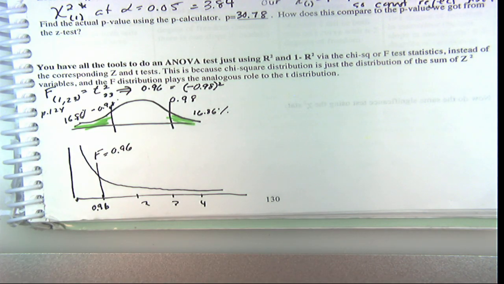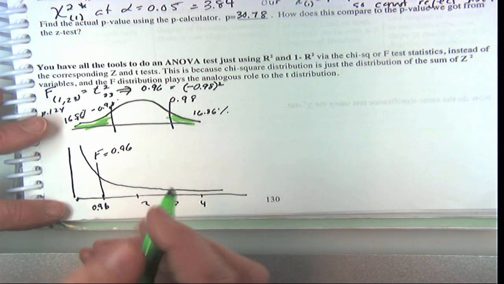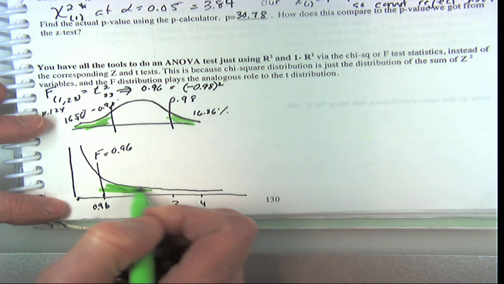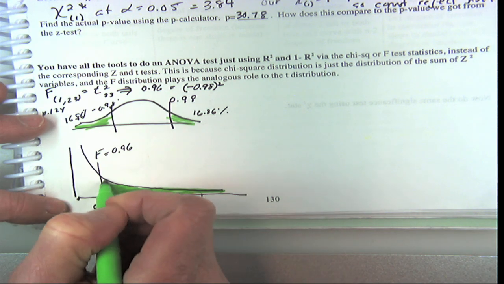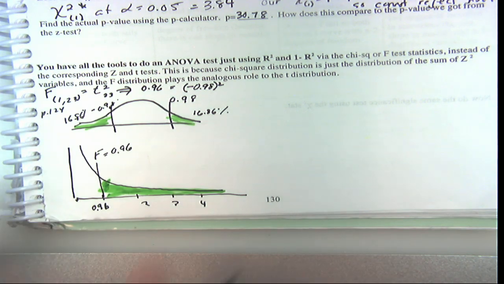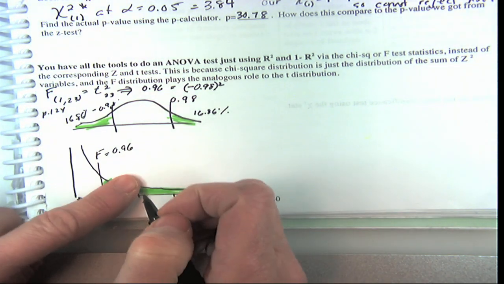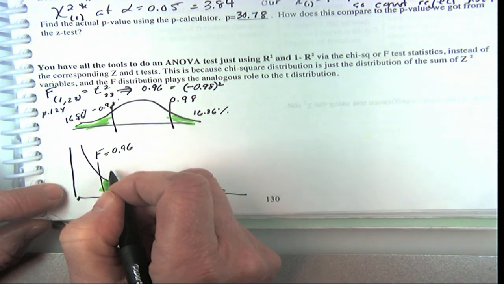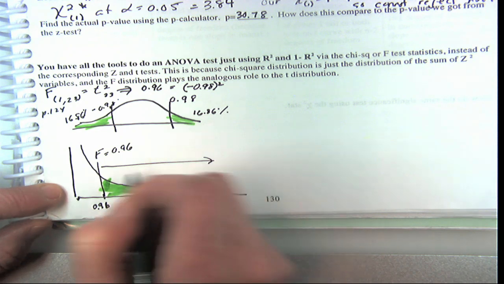And then what we had was all this here is twice that. So this is the p-value from all the way here.